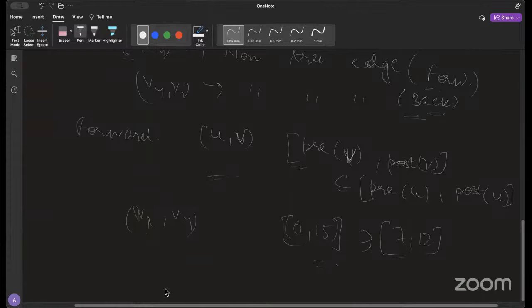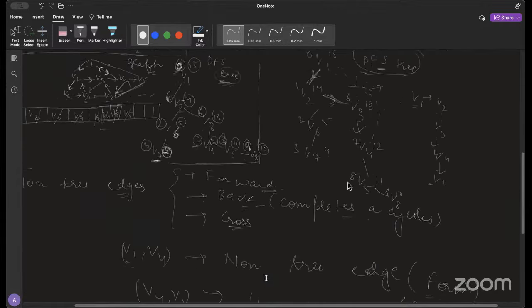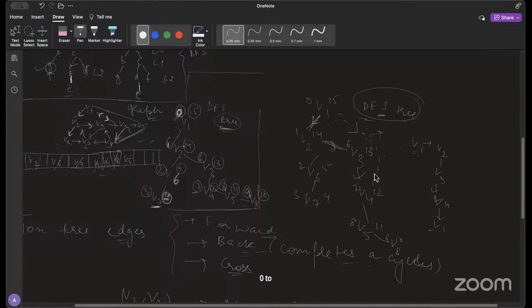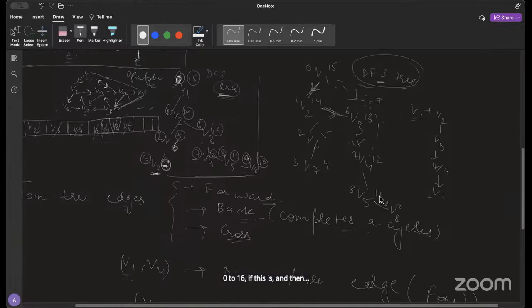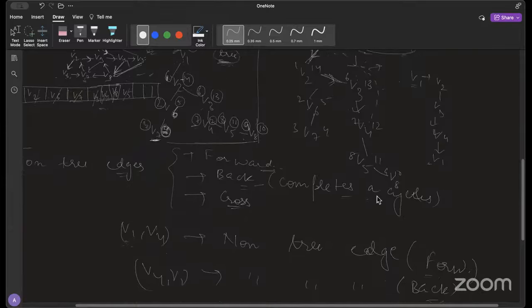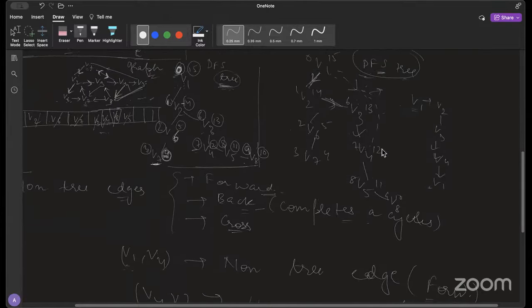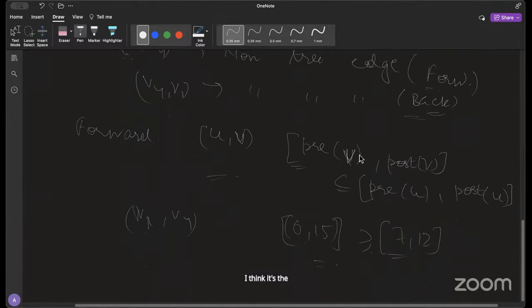Ma'am, these numbers will not work for a forward edge, because then you have to go back to 1 and then come back to 5. I think it's the opposite. I think you have U here and V here.